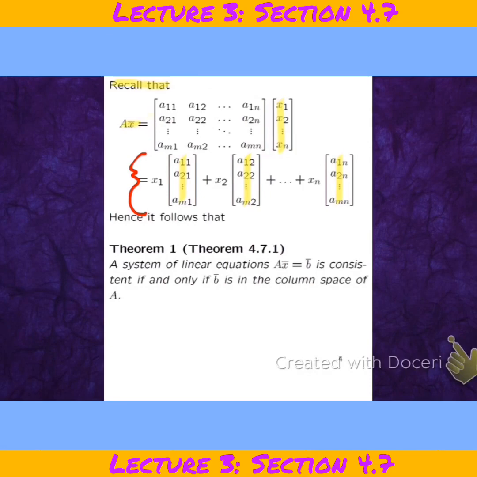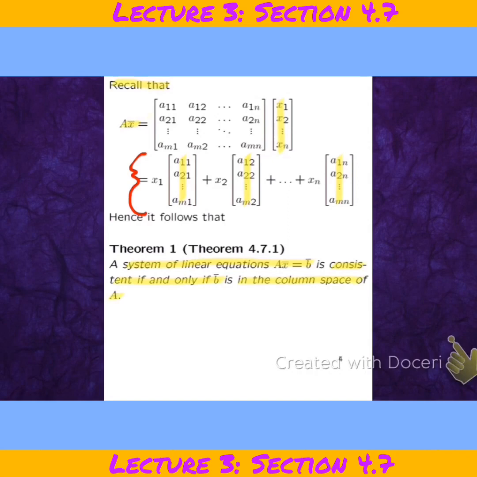That brings us to this theorem here, which is a direct consequence of this observation. If you have a system of linear equations that corresponds to the system Ax equals b, then we say that it is consistent if and only if the vector b is in fact in the column space of A. Right.